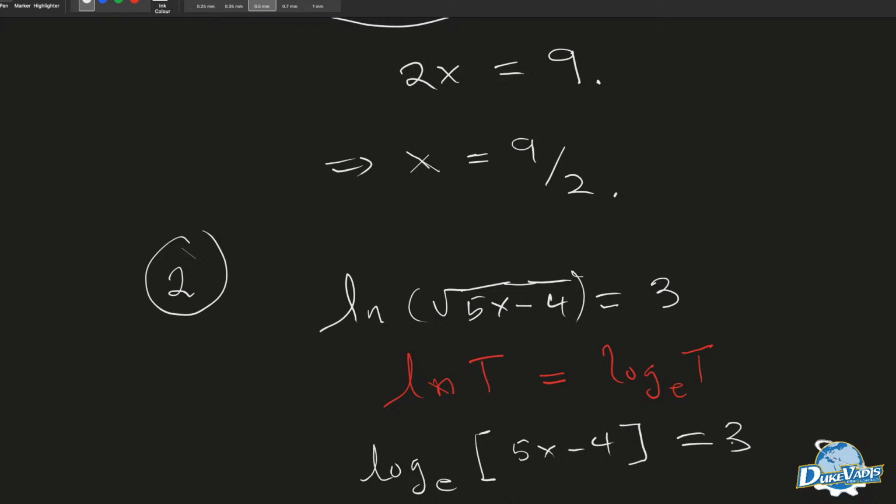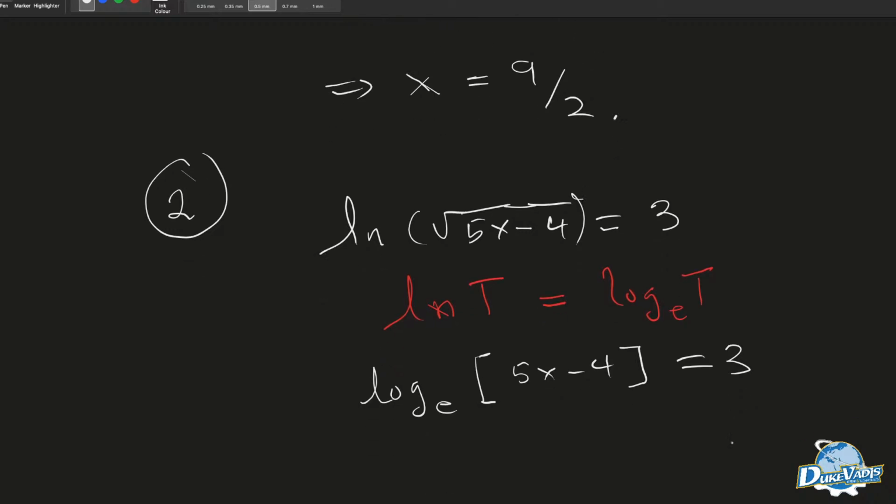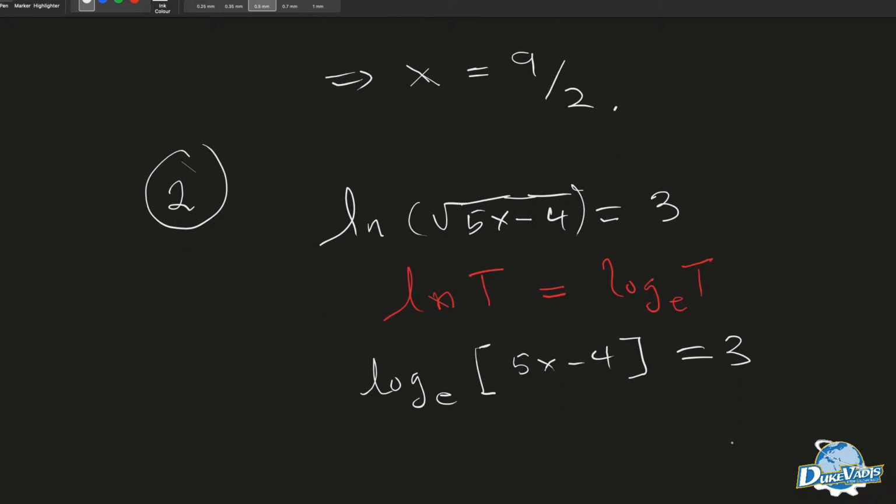Now this equation changes in form once again. As we applied earlier, we are going to get 5x minus 4 equals e raised to the power 3.